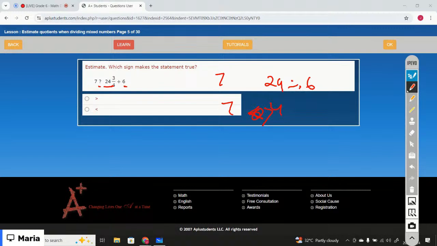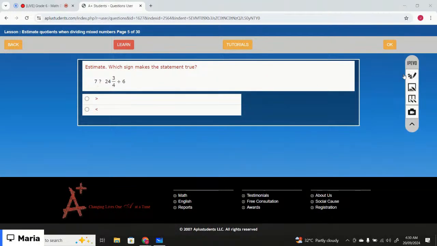The correct option is greater. Okay, so 7 is greater than 6.4, sorry.